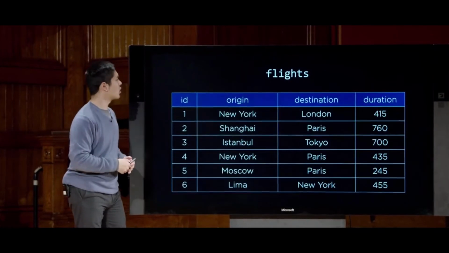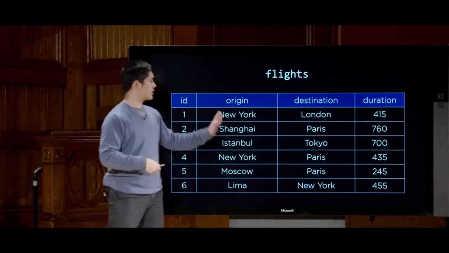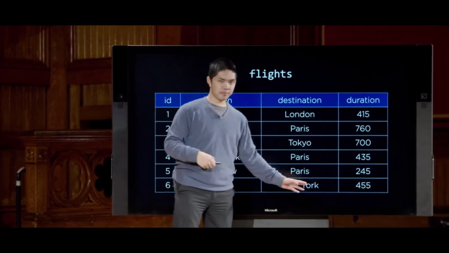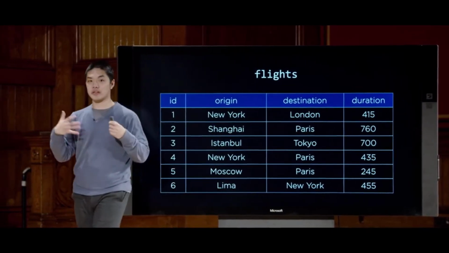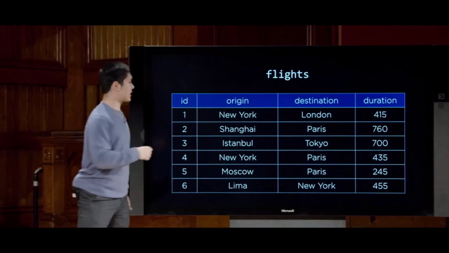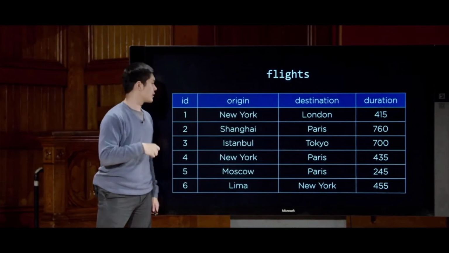And the question becomes, what happens to my flights table? My flights table had an ID, origin, destination, and duration, where the type of origin and destination were in this case just text. Text-based data representing the name of the city from which the flight is departing or to which the flight is arriving.